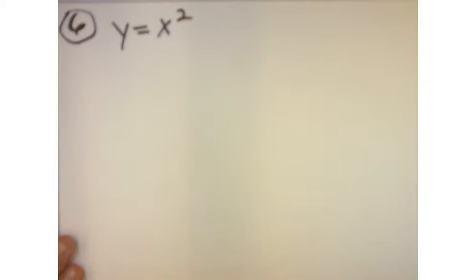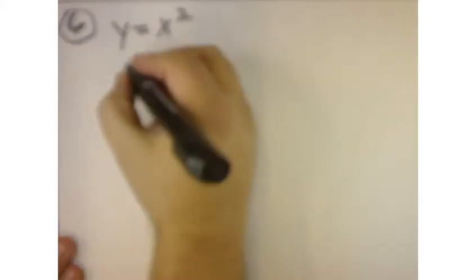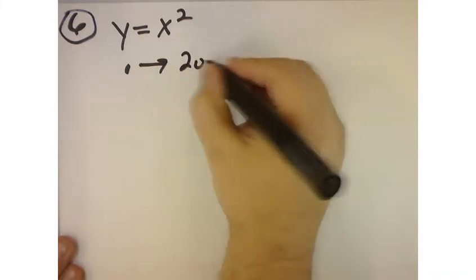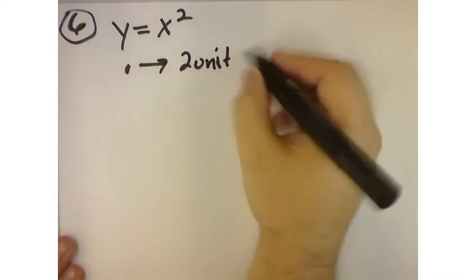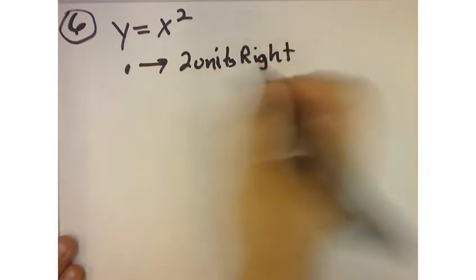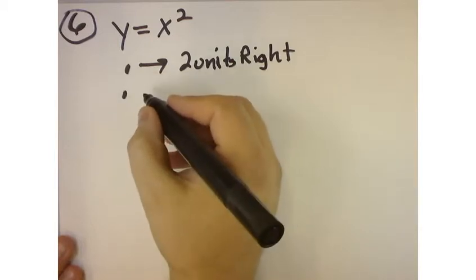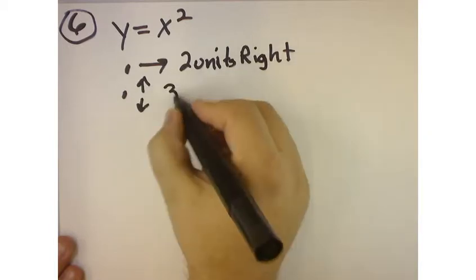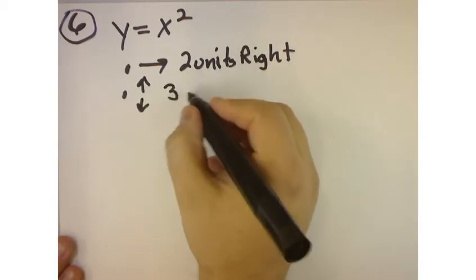Example number 6 gives us the parent function y equals x squared, and they want us to do a horizontal shift 2 units to the right, then a vertical stretch by a factor of 3.